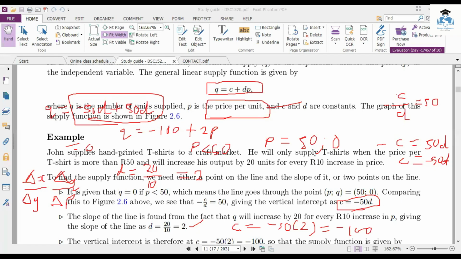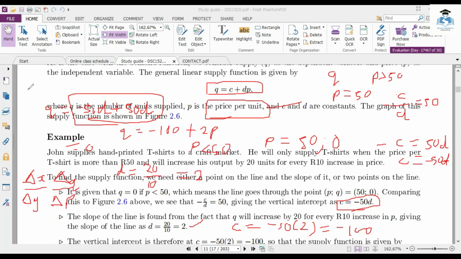But remember, we said for this supplier to produce the t-shirts, the price is supposed to be greater than what? 50. So we assume that if price is equal to 50, it means that there are no quantities that are going to be produced.